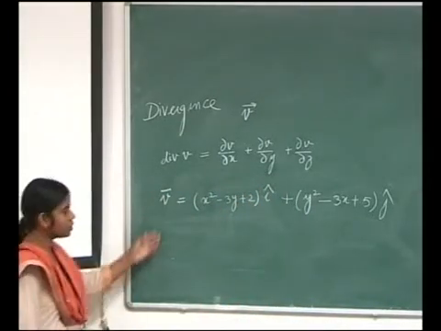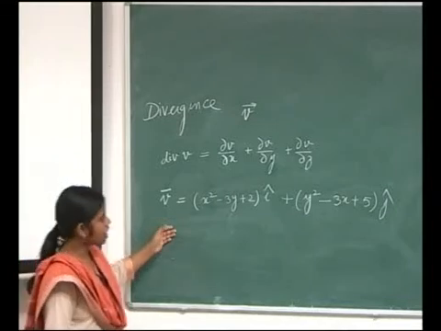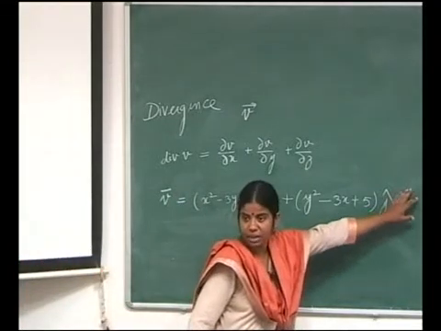So what would be the divergence? It does not have any k vector, nothing along the k vector.